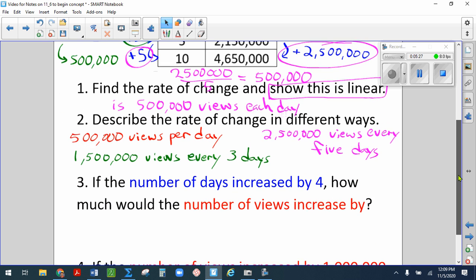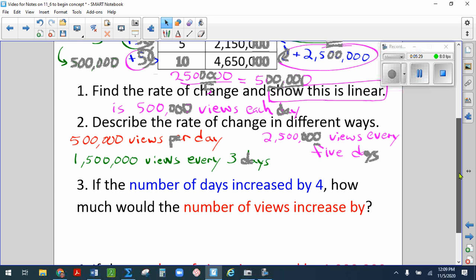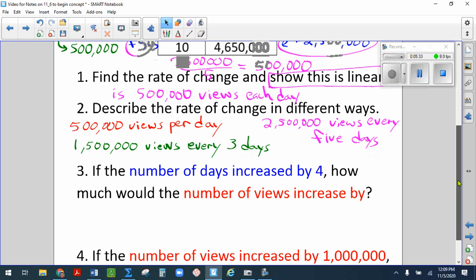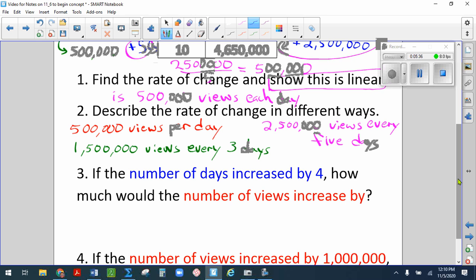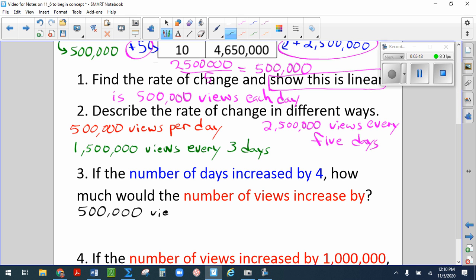If the number of days increases by 4, how much would the number of views increase by? What you can do here is write down your rate. All of these different rates are equivalent. They all simplify to the same thing: 500,000 views for 1 day.